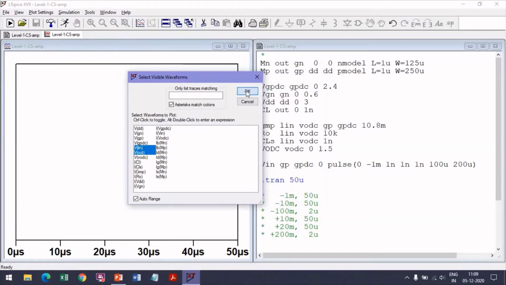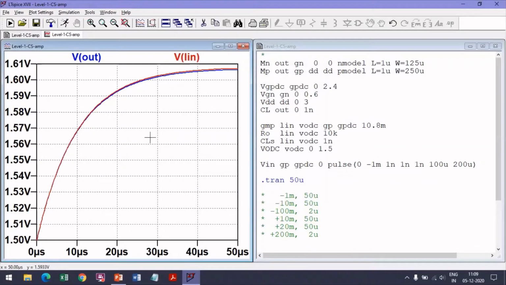The blue is the actual, the red is the linearized, and we see that for a -1 millivolt input step, because this is minus, the output voltage is increasing with time. It's going to about 1.6 volts from 1.5 volts, and the actual and the linearized are practically the same.